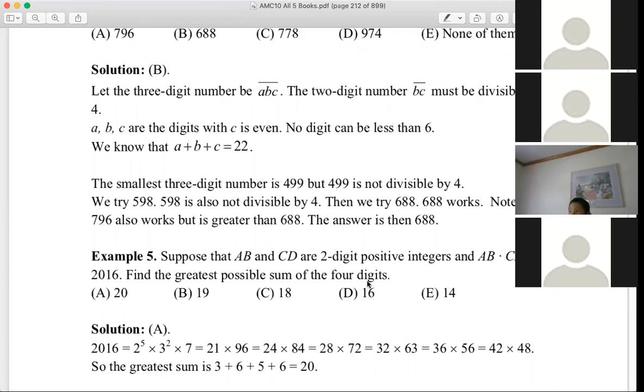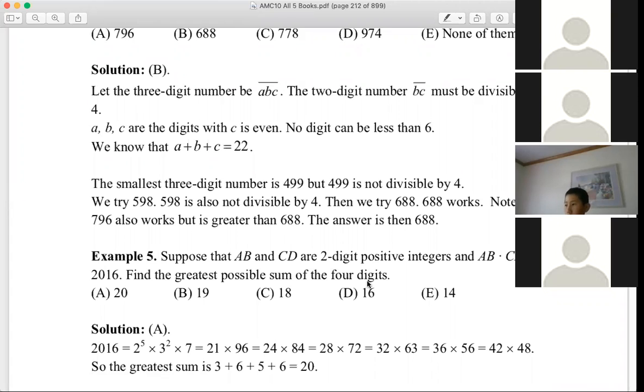Okay, I'll give everybody 2 minutes to think about this problem. They give you two-digit numbers, one is AB, another is CD. Then the product of these two positive integers equals 2016. Then they ask you to find the greatest possible sum of the 4 digits.